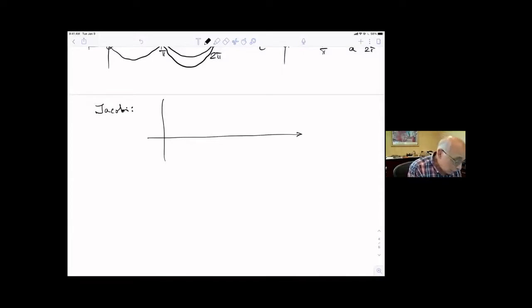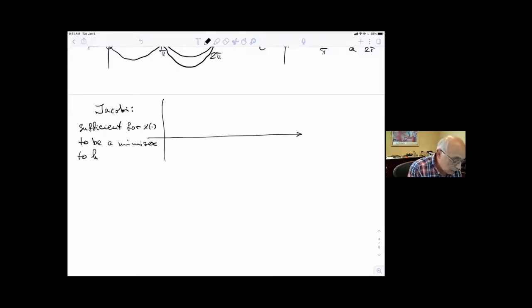Jacobi says a sufficient condition for minimality, for x to be a minimizer, is to have no conjugate points.